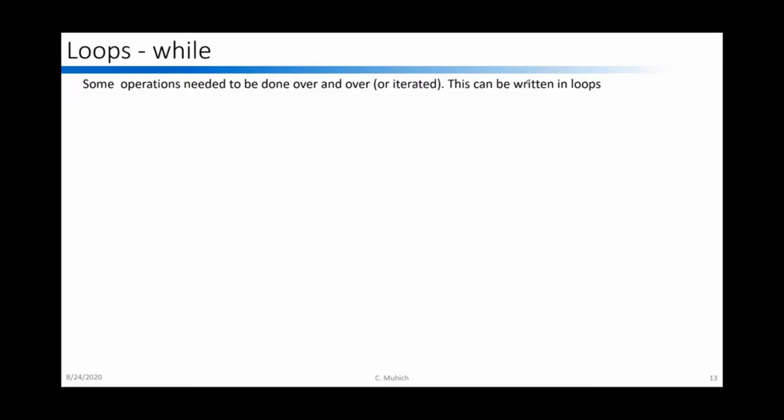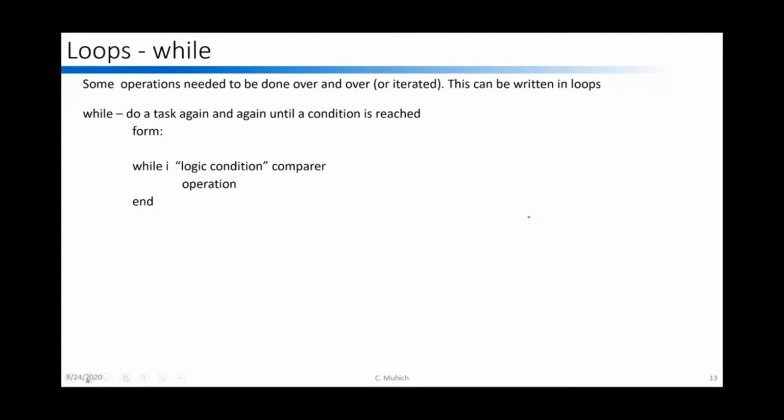But there could be a case where we don't really know what we're looking for. So a while loop is going to do a task again and again until some sort of condition is reached.